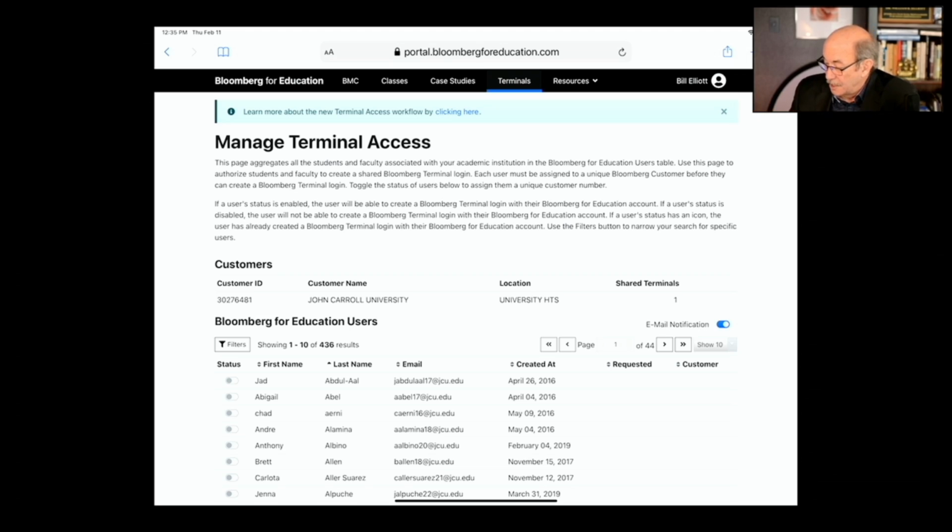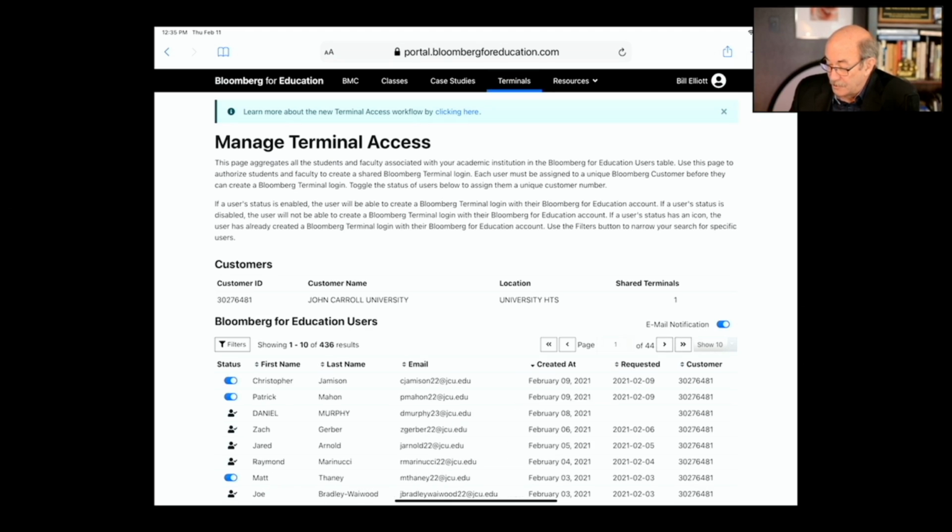What I do is once I see that you've requested permission to create a Bloomberg login, your name will show up here, and I will just flip the switch over to blue, and that will allow you to go into the Bloomberg terminal itself and create that login.